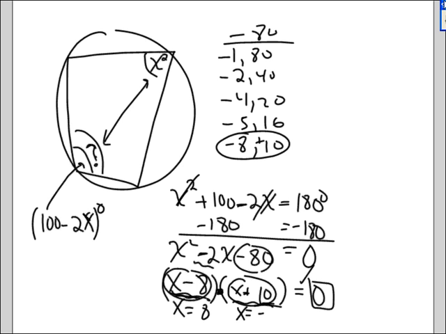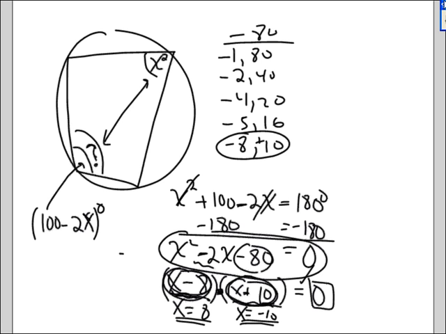If x is negative 10, this one's 0, and negative 10 minus 8 is negative 18, and if you multiply that number by 0, you get 0. So mathematically, the answer to this equation is x is 8 or x is negative 10.